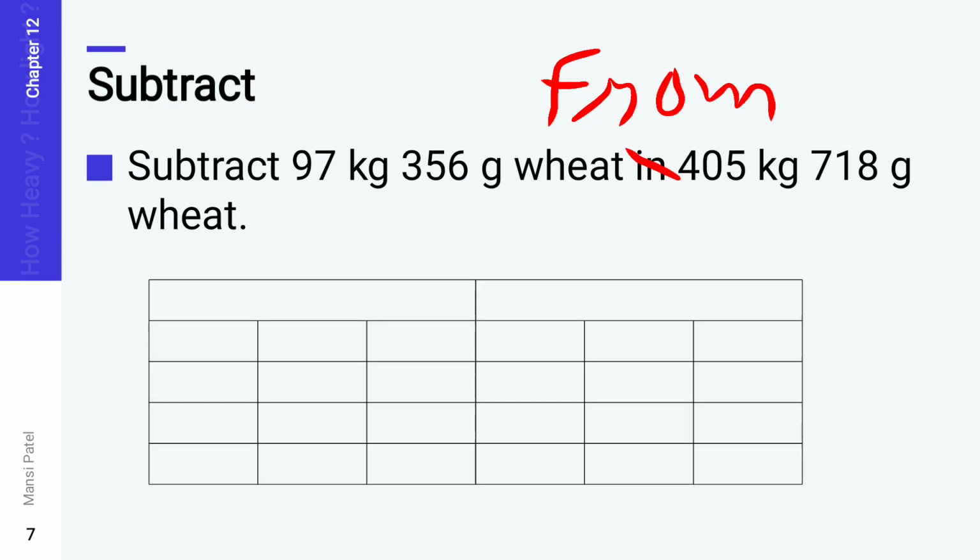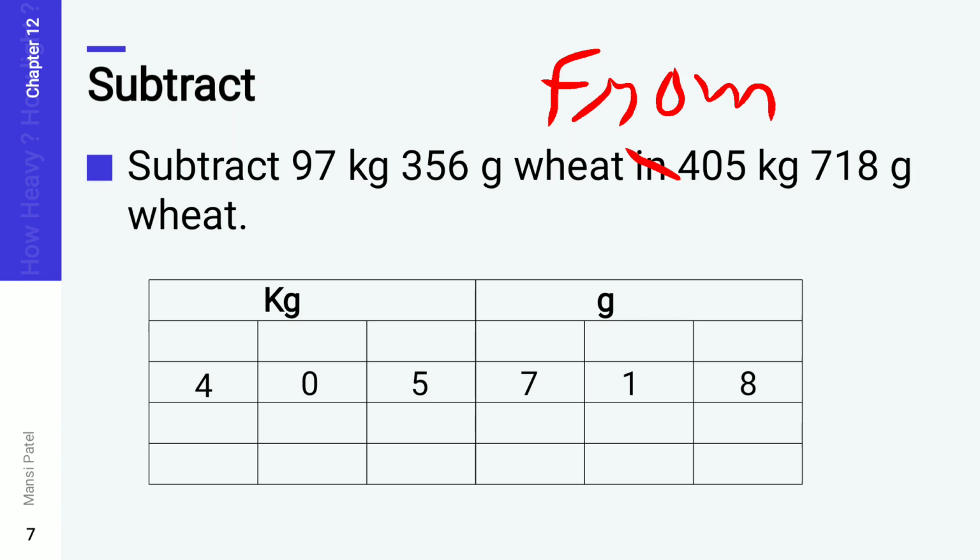So see here, first you have to write down the heading of kilogram and gram. After "from", what will you write down? Here it is 405 kilogram. How many grams are there? 718 gram.